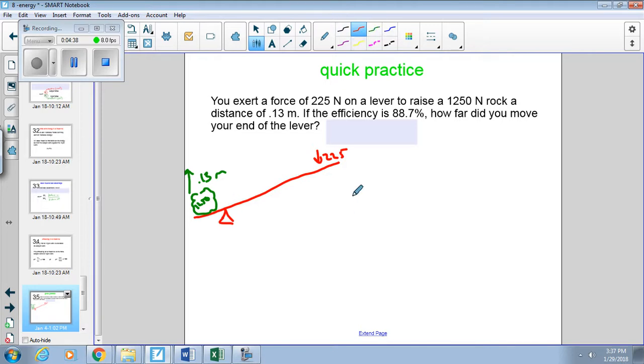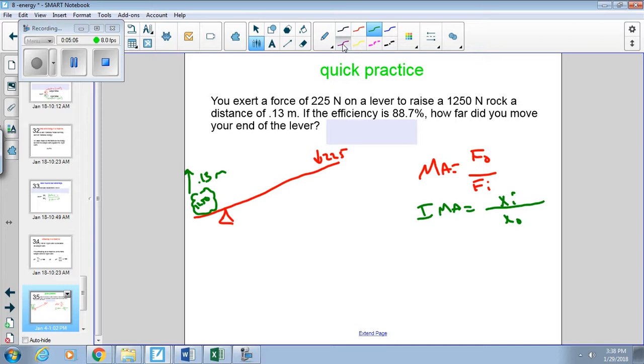So a couple things here. First, we're going to need mechanical advantage. So this is force out divided by force in. Then we're going to need ideal mechanical advantage. So this one is going to be our distance in over our distance out.